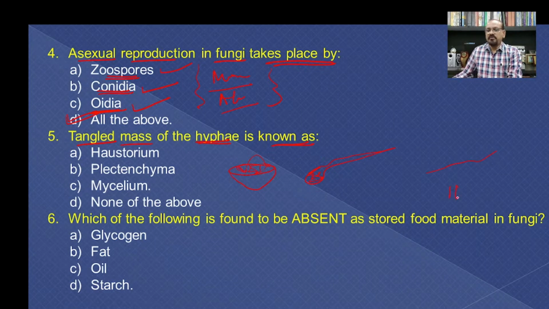One filament you can consider as a hypha, then one spoon, that is multiple hyphae, and in a plate it is a mycelium. Now if it is the vegetative body of the fungi, it becomes one single hypha, plural hyphae, and the tangled mass is known as the mycelium, and hence C will be the correct answer for this question.